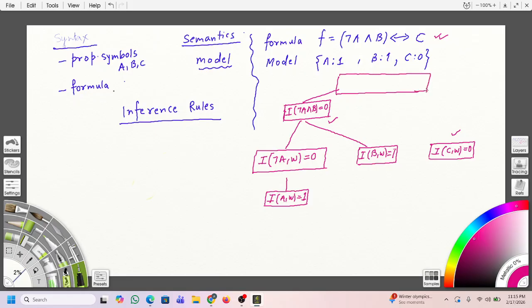That means if I write the given formula, I of negation of A and B, and then by implication with C, comma W, the world, this will give me the value as 1.